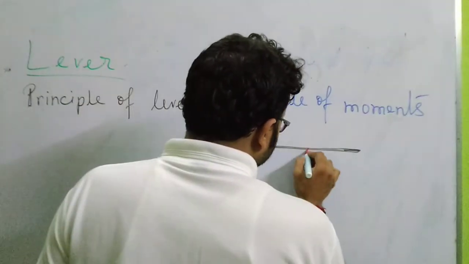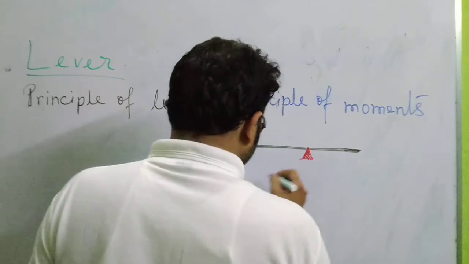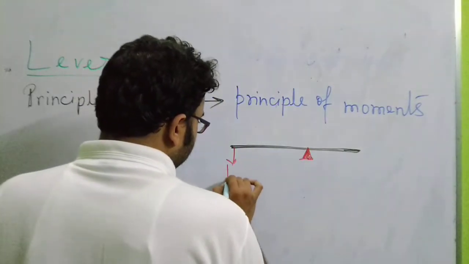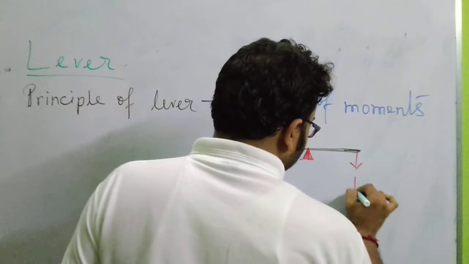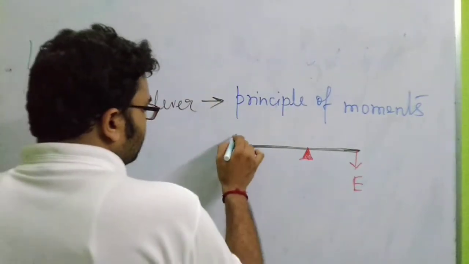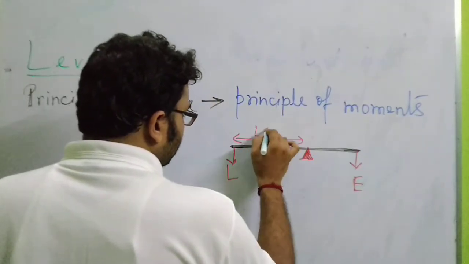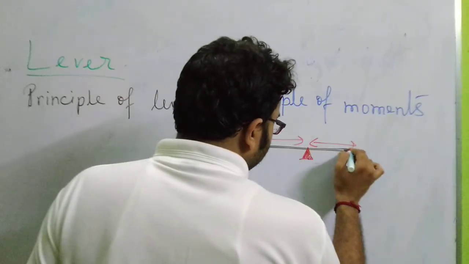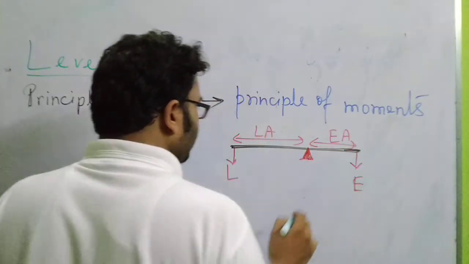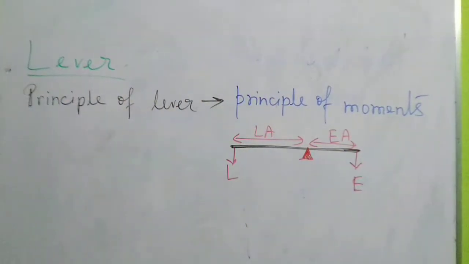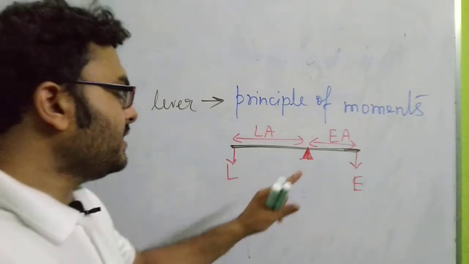Here you apply the load and here you apply the effort. This distance is the load arm LA, this distance is the effort arm EA. Under equilibrium condition, the moment generated by the load in this figure will be equal to the moment generated by the effort.